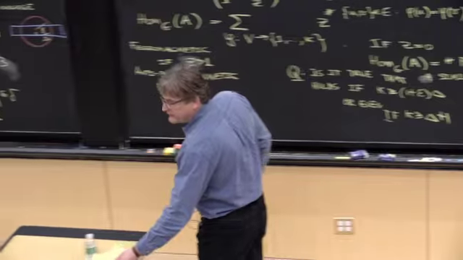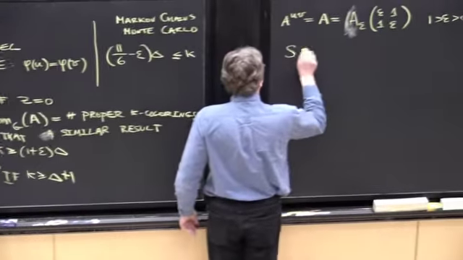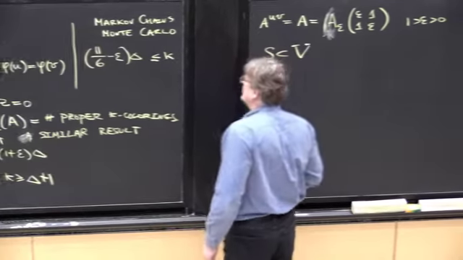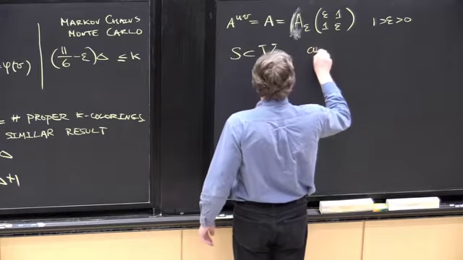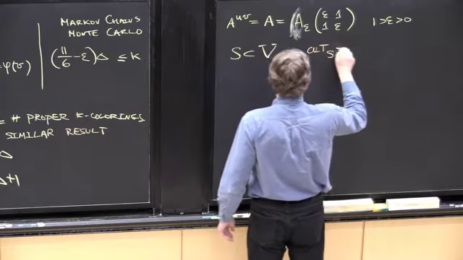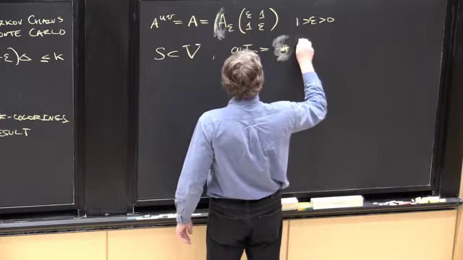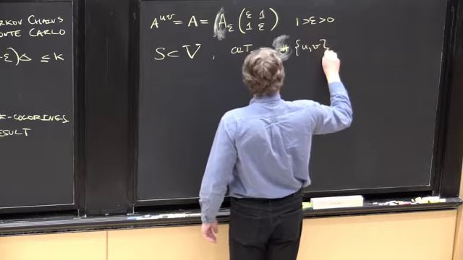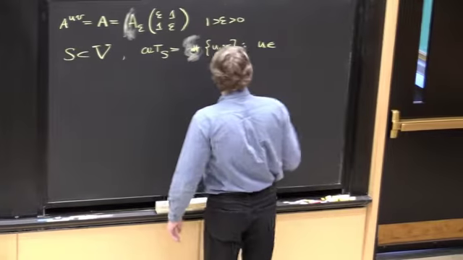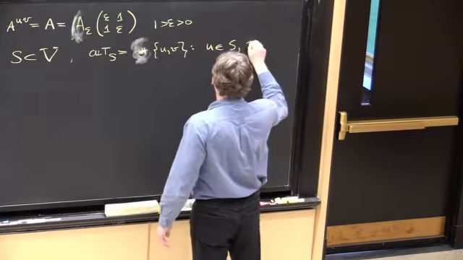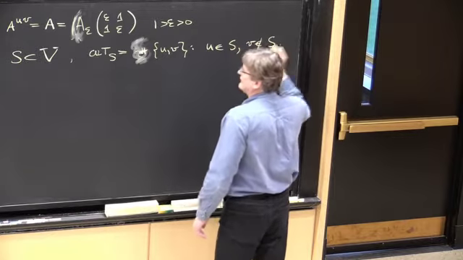Then I have to introduce a definition. If S is a set of vertices, then the cut associated with the set is just the number of edges with one vertex in the set and the other not in the set.